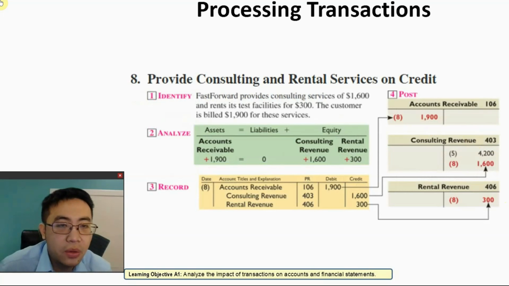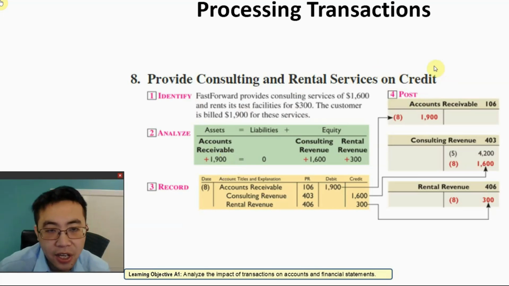Number 8, you just provide some services and earn $1,900, and this $1,900 is from a consulting service and also your facility rentals. So in this analysis, you will see accounts receivable increase. Why is accounts receivable not cash? Because the whole thing is paid on credit.